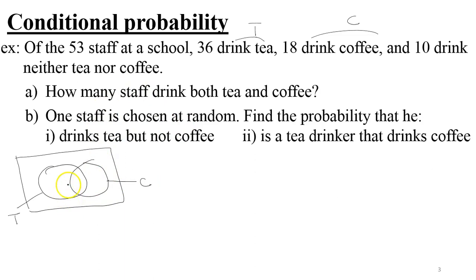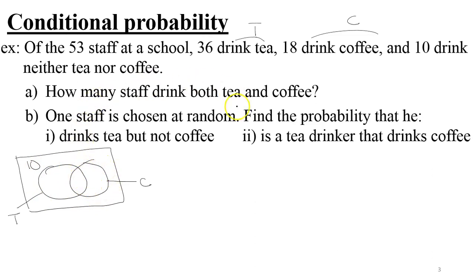Now we know that we have 10 that drink neither. They don't drink coffee and they don't drink tea. So basically these 10 people are outside the two sets that are relative to T and C. Now we know that in total we have 36 that drink tea, including the intersection, so the 36 is for all tea, and we have 18 that drink coffee.